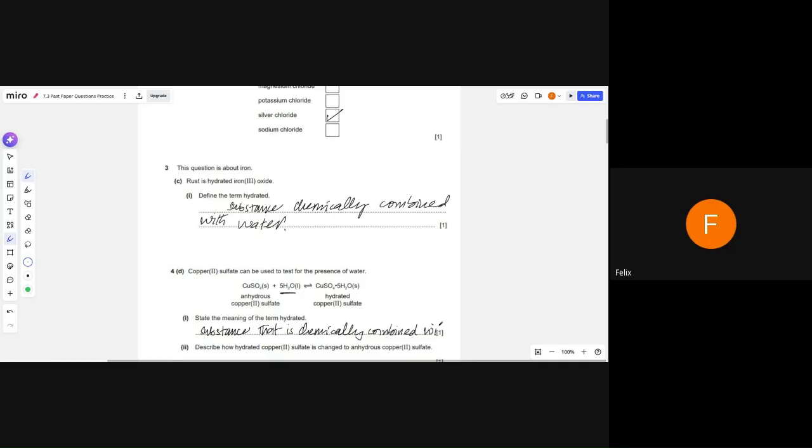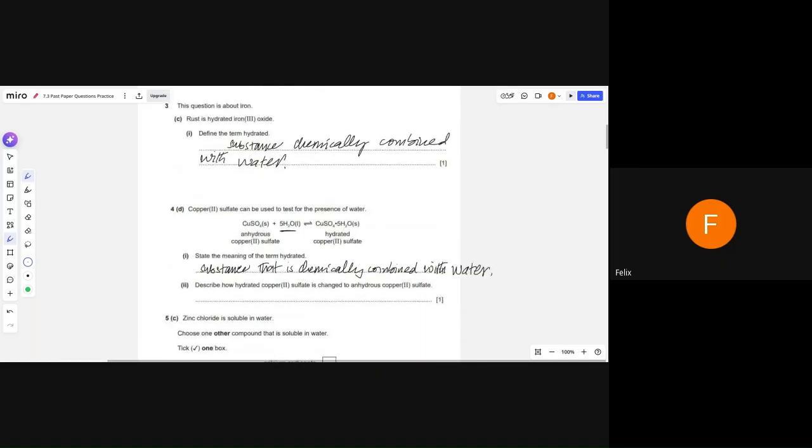Okay, so the next question is: describe how hydrated copper 2 sulfate is changed to anhydrous copper 2 sulfate. Hydrated copper sulfate means copper sulfate chemically combined with water, and anhydrous copper 2 sulfate means copper sulfate without water being chemically combined to it. So we can say that you just have to heat it, right?